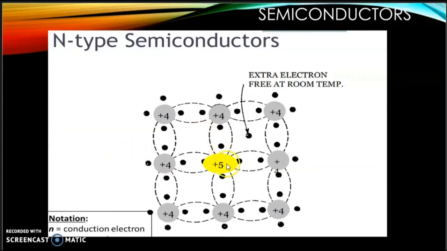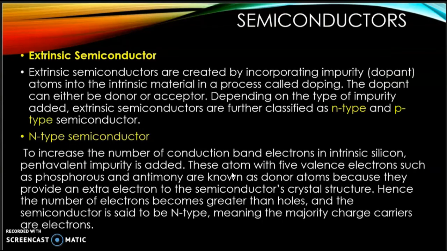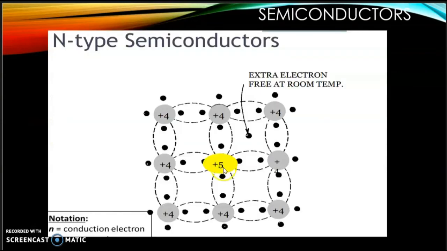So now this is an example of bonding in the n-type semiconductor. So this element or impurity is phosphorus. So now we add the phosphorus impurity, or the pentavalent impurity, to the intrinsic semiconductor, and there will be a free electron now.